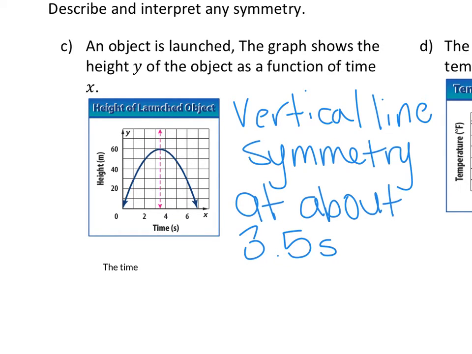The time it took the object to go up is equal to the time it took to come down.